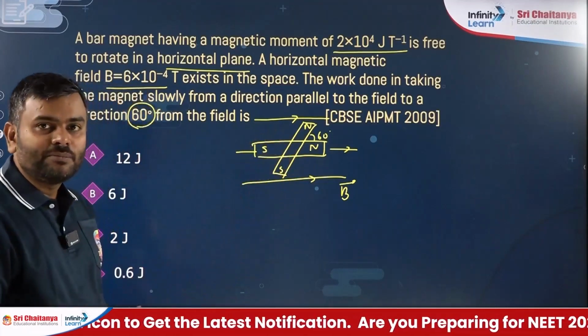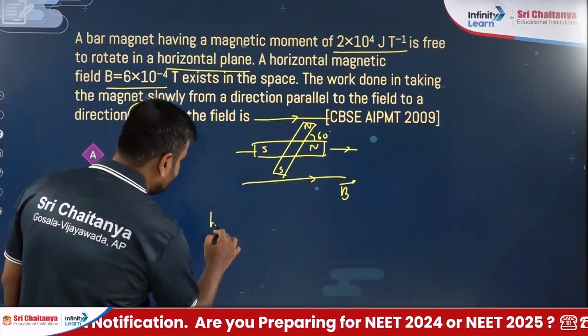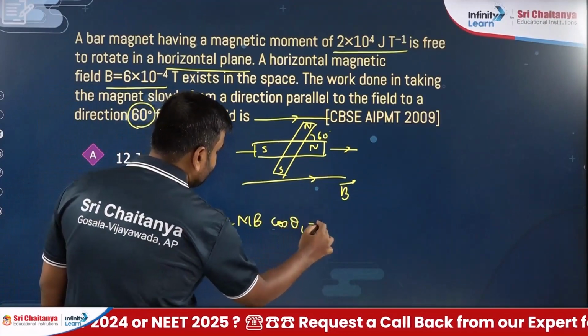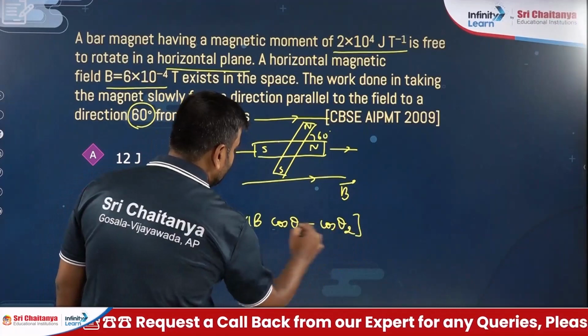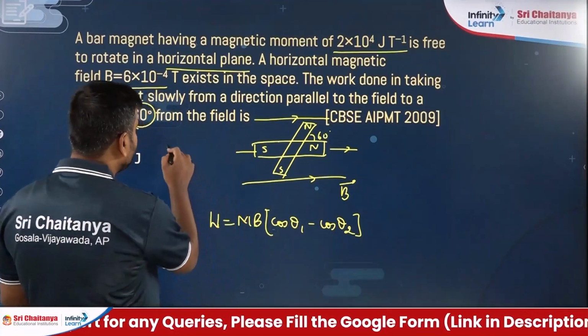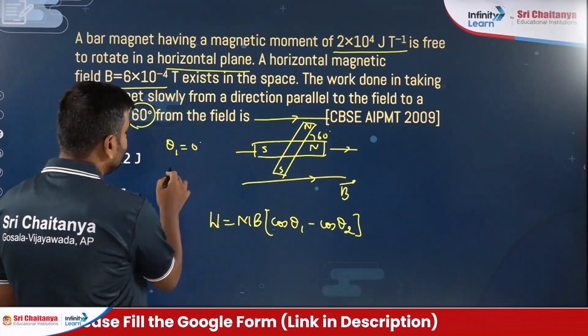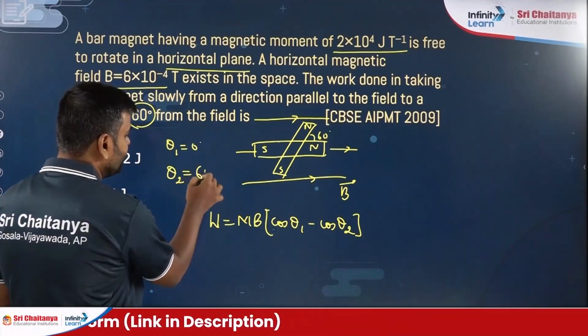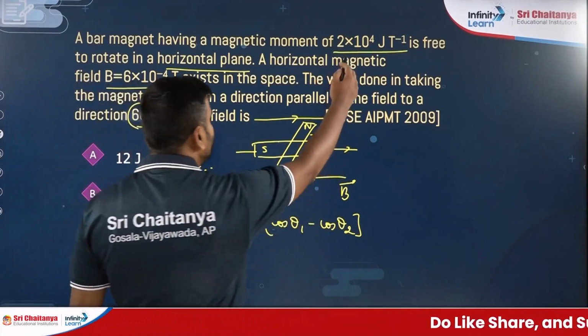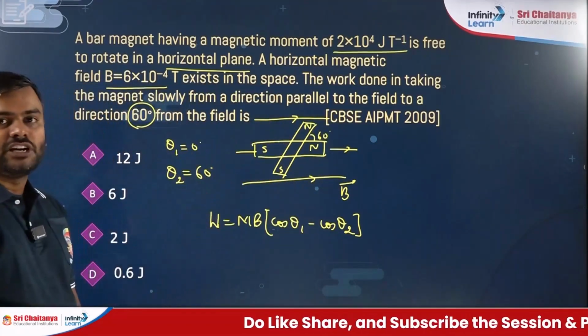So I hope you remember this work done equation, that is m into b into cos theta 1 minus cos theta 2. What will be the value of theta 1? Theta 1 was 0, and theta 2 is 60 degrees. They have also given the magnetic moment, 2 into 10 to the power 4, and the magnetic field, 6 into 10 to the power minus 4.